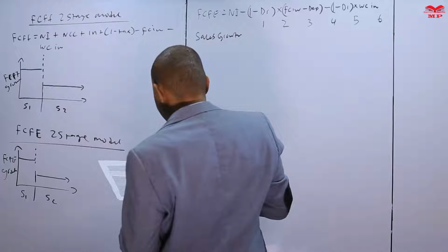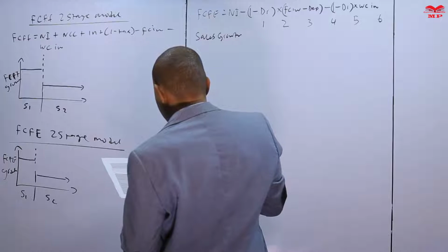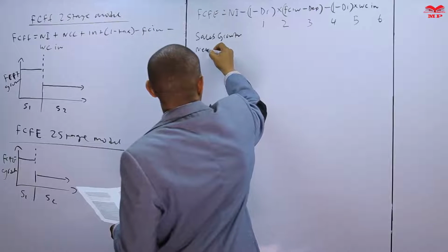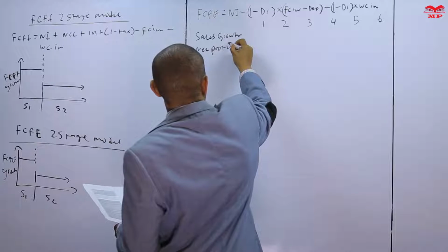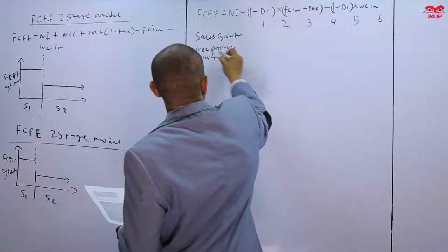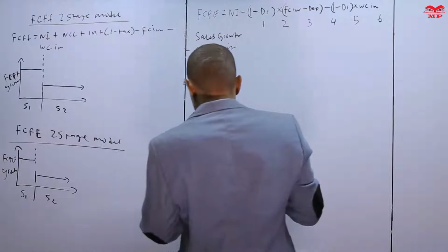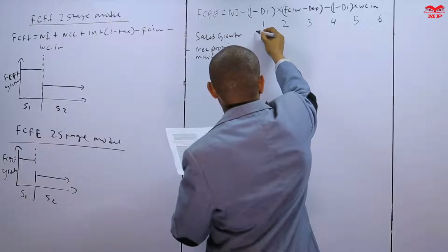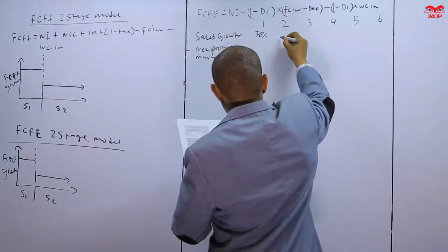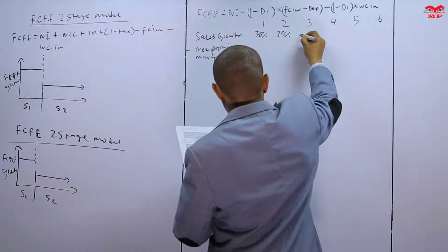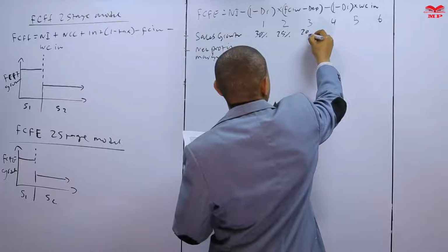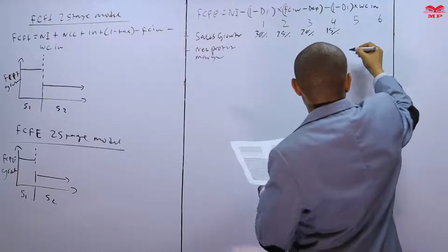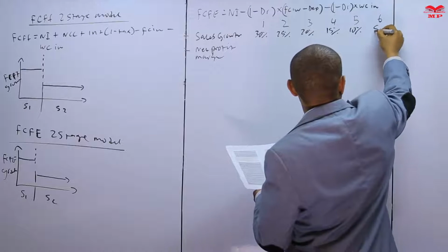Then we look at what we have been given in the information. We've also been given the net profit margin. Then for the sales growth, we write them because these have already been given: 30%, 25%, 20%, 15%, 10% and 5%.